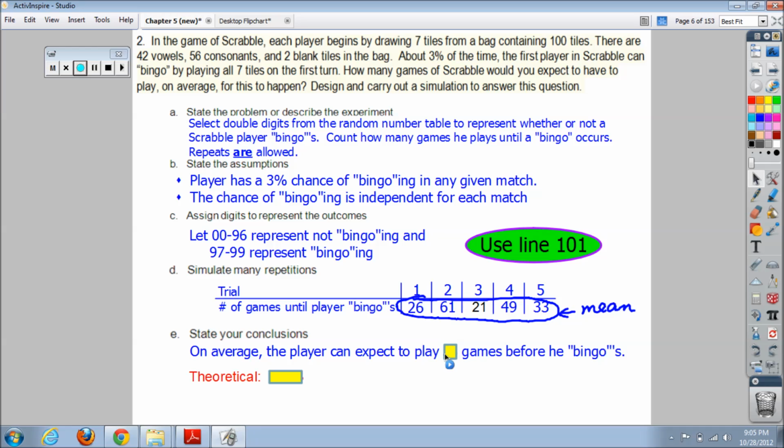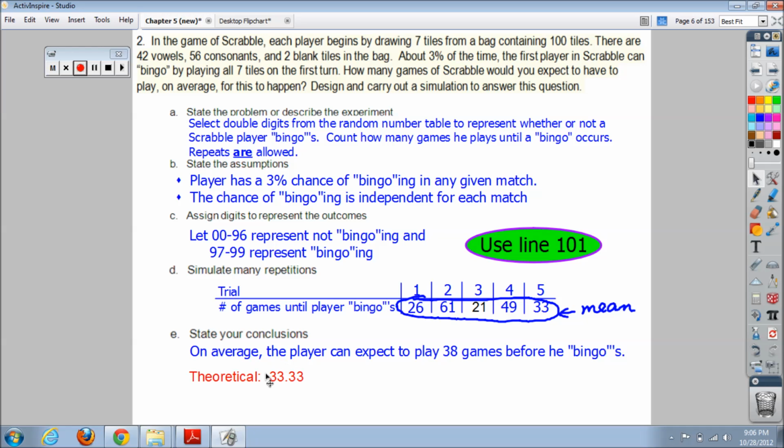So if I take the mean of all these numbers, I get 38. So just based on 5 simulations, the average amount of games played before a player would bingo would be 38. The theoretical number is 33 1/3.